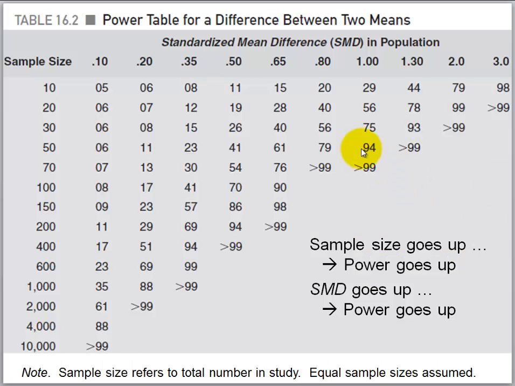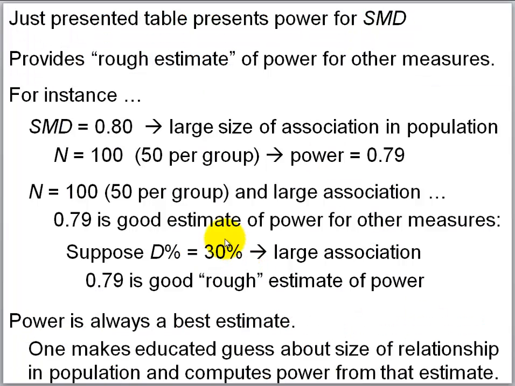Here's that 0.79 power when sample size is 50 per group and the SMD is 0.80. Referencing the SMD table in Chapter 9, we had large association and power calculated to 0.79.